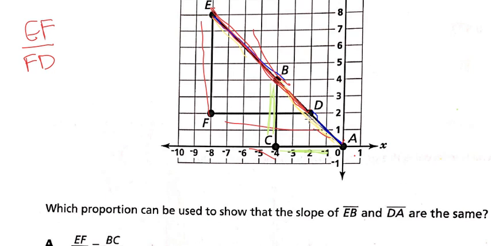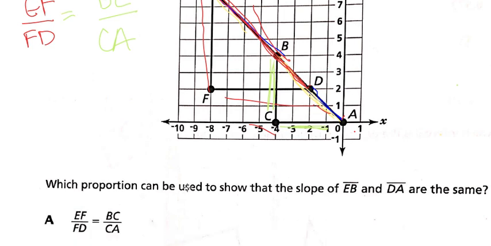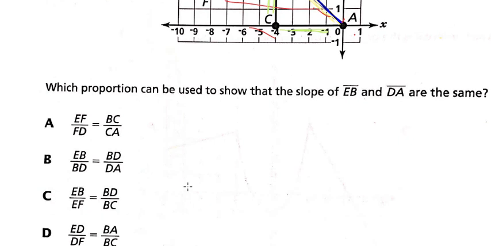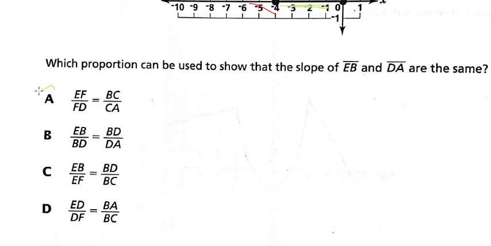And if they simplified to the same value, that would mean that they're equal. So I would want to see if that was equal to the vertical there, which is BC over CA. So I'm going to go look at my answer choices, and I'm looking for EF over FD is equal to BC over CA. And it is right there with answer choice A.